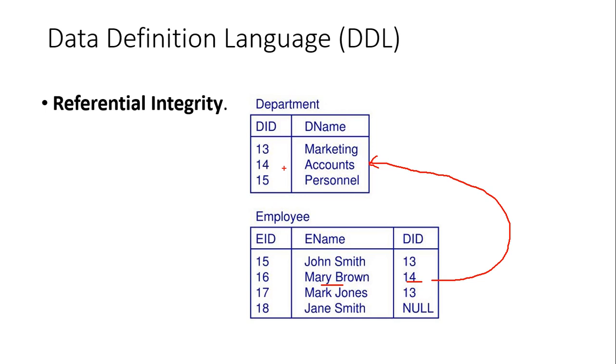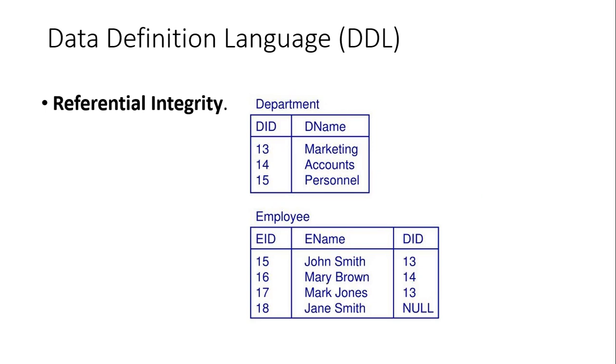Now if you take Mary here, she is working in the accounts department. If you notice, this particular data is referring to other data, which is there elsewhere. There are two tables. One attribute of one table is referring to the attribute in the other table.